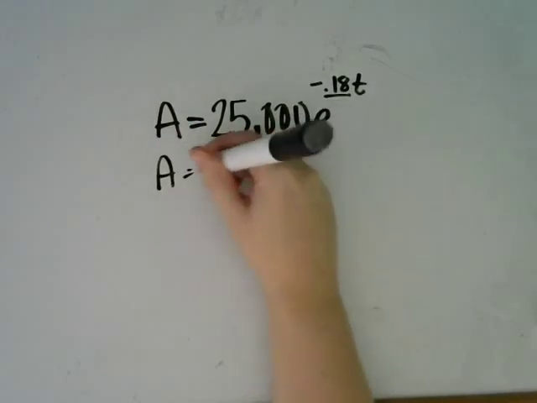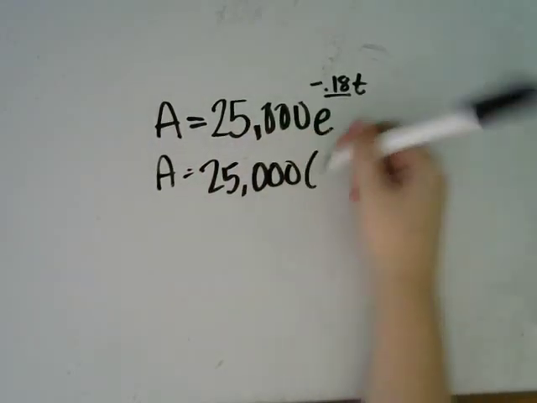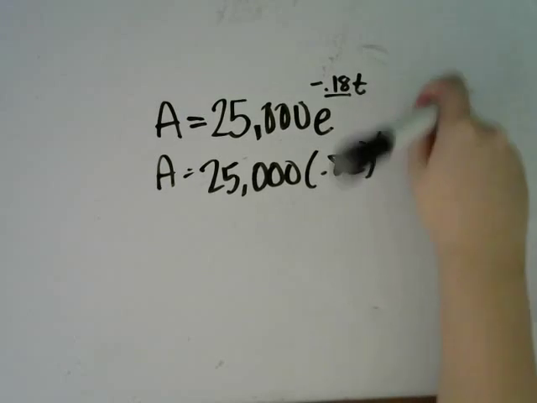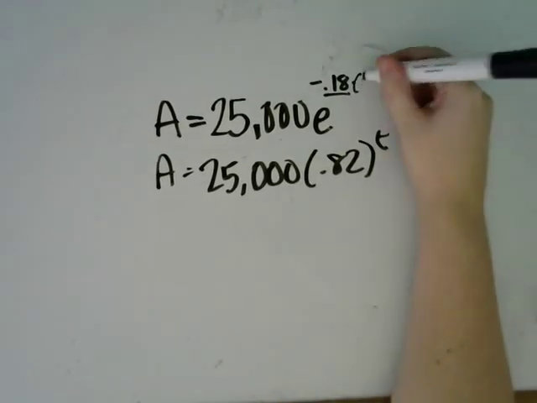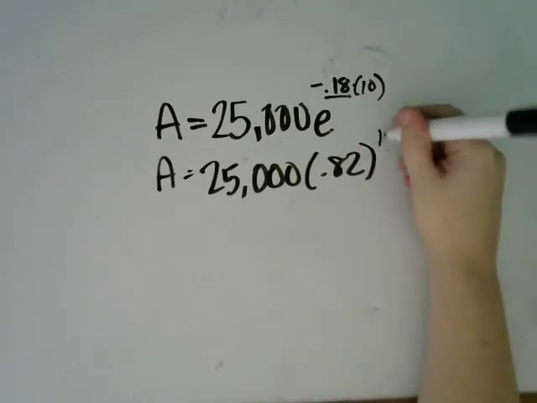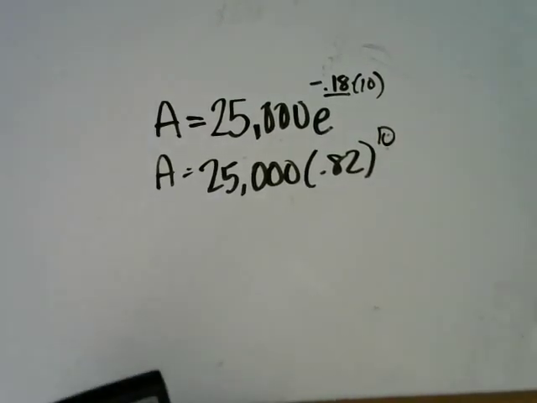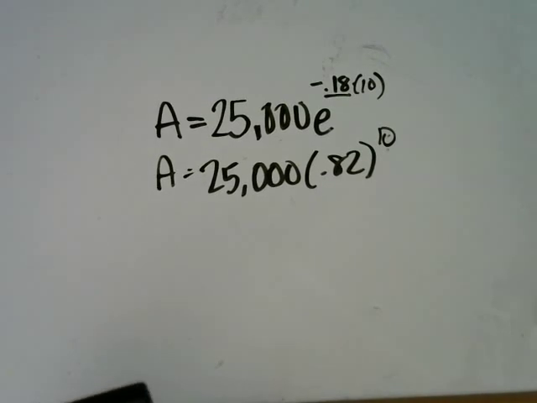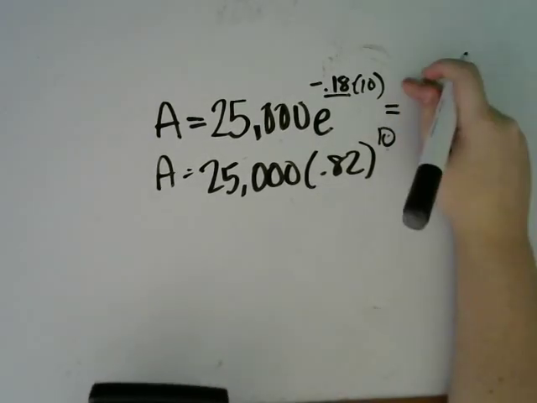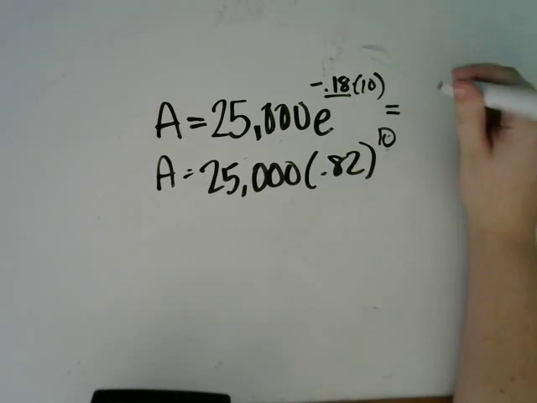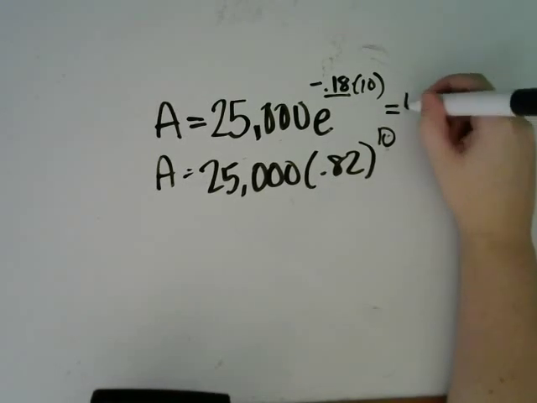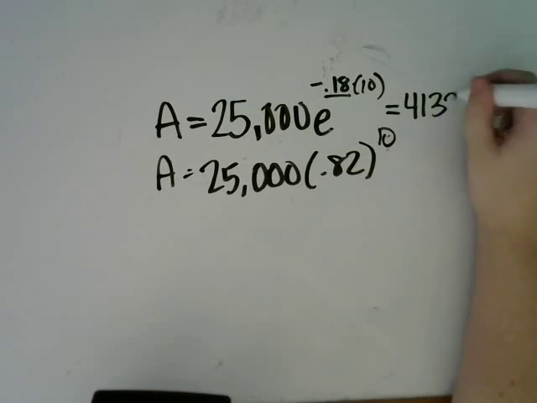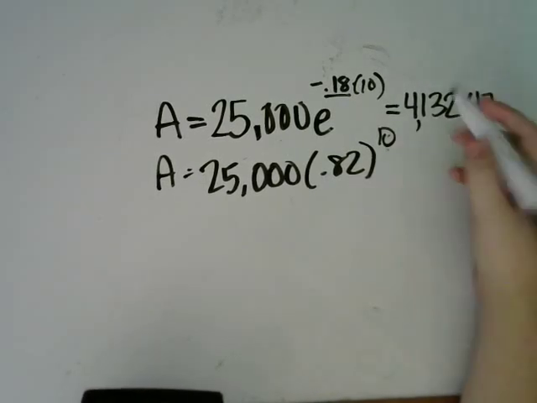How do the two models compare after 10 years? So our first model versus our second model if we plug in 10. And so in our exponential decay model, we see that the value of the car is 4132.47 or $4,000.